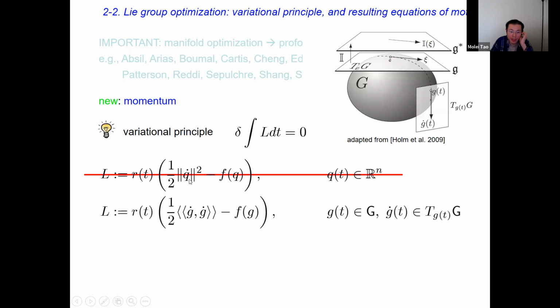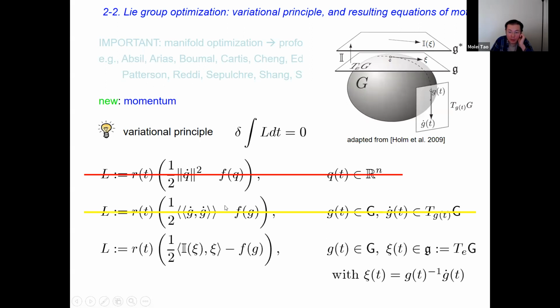But if you had a Riemannian manifold, and G is a time-parameterized path on this manifold, traveling, for example, along the surface of this sphere, then G dot is actually in the tangent space. You can use the Riemannian metric to define an inner product, and then everything else actually remains the same.